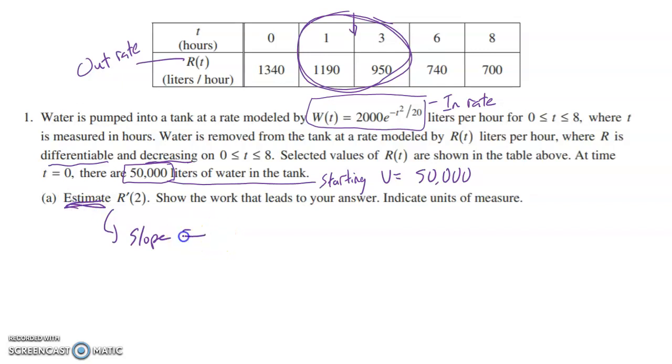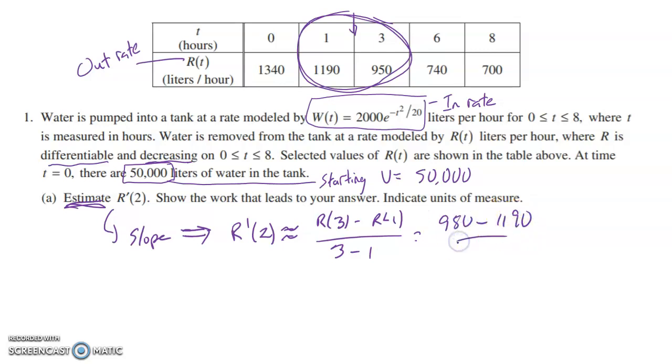Hopefully, you said R prime of 2 is approximately, not equal to, R of 3 minus R of 1 over 3 minus 1, which gives me 950 minus 1190 over 2. So you could, especially because this is a calculator question, stop there, and that's a 5. It looks like an 8 a little bit because of the way my pen works. I'll fix it. There we go.